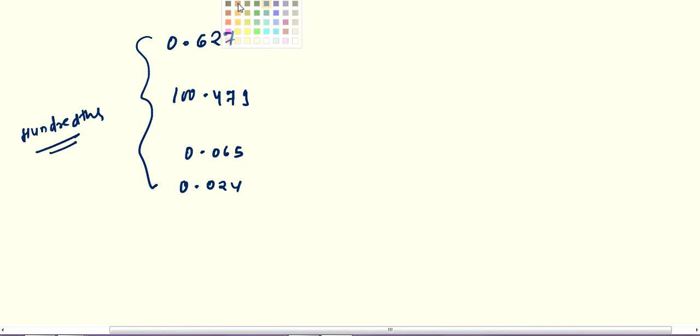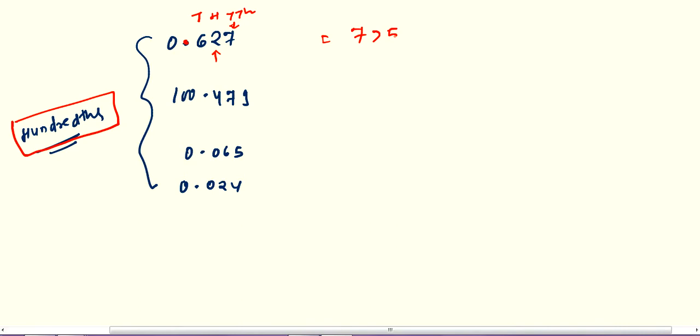Clear? So as I told you, after the decimal the first place is tenth, then hundredth, then thousandth. Now we have to round off to the nearest hundredth. So we select the digit after the hundredth position. In 0.627, the hundredth place is 2, after that we have 7, and as you know 7 is greater than 5, so this is the case of rounding up.